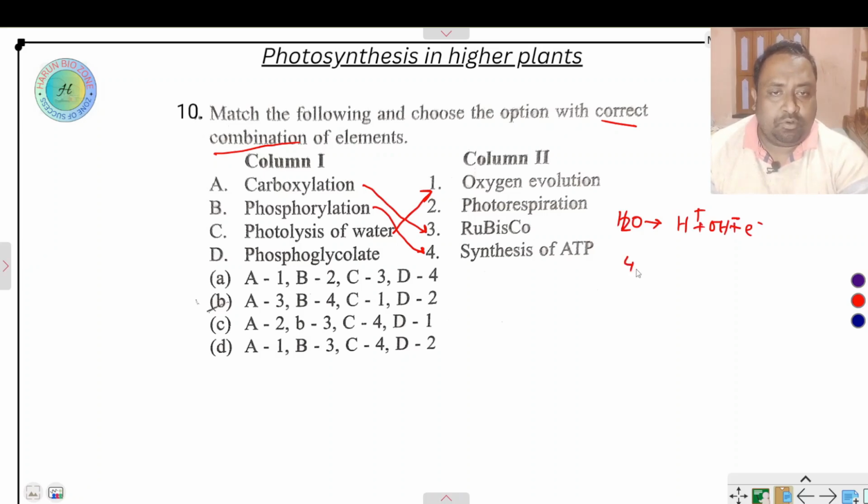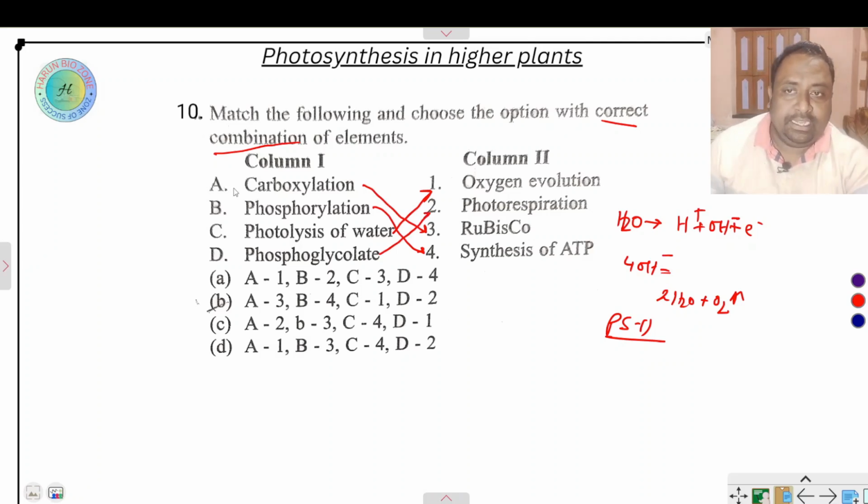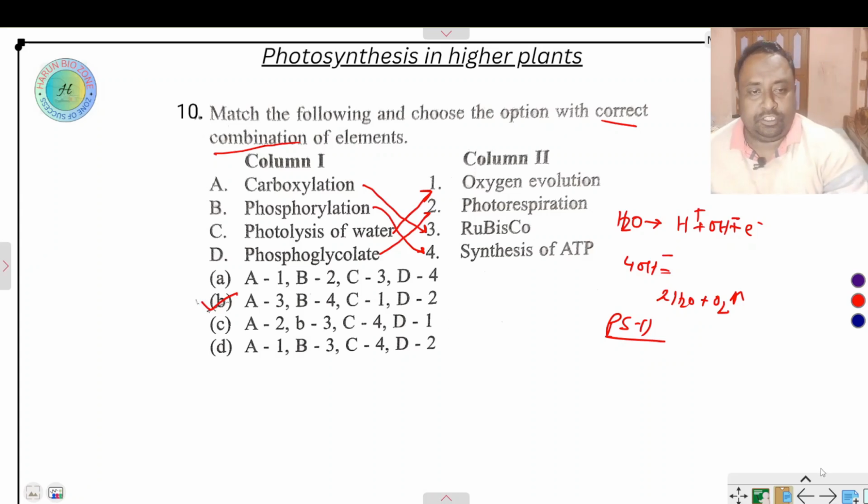These 4 OH minus again break down into 2H2O plus O2. This O2 is released in the PS2 of photosynthesis. Phosphoglycolate is the product during the photorespiration. So here the correct option is A3, B4, C1, D2. This is B, the correct option.